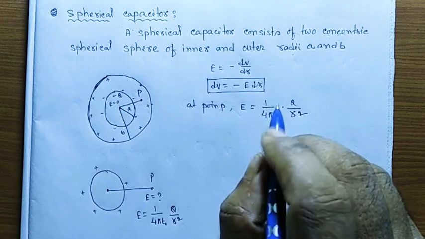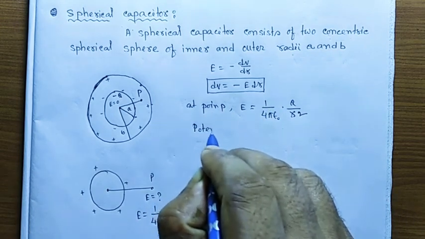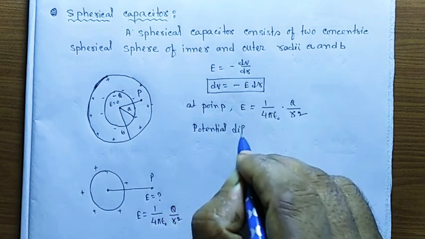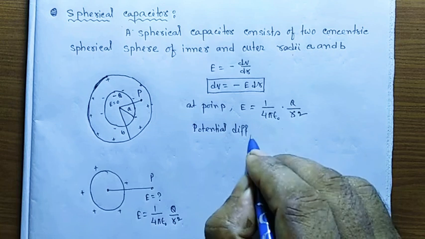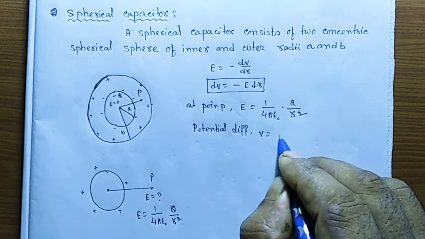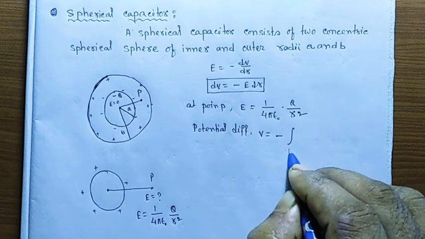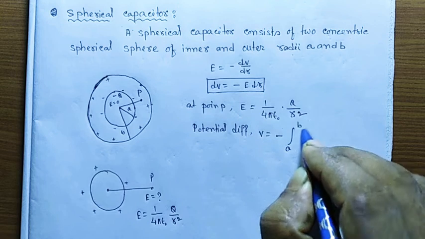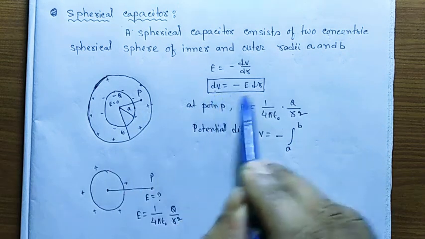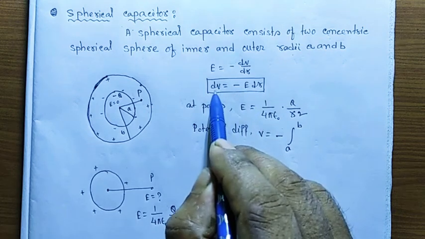Okay, so now potential difference V is equal to minus integral A to B, because the expression is dV is equal to minus E dr. It is the potential difference.